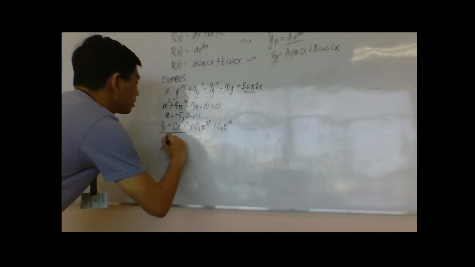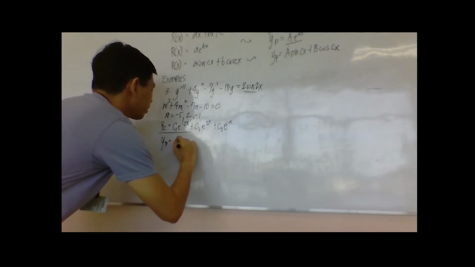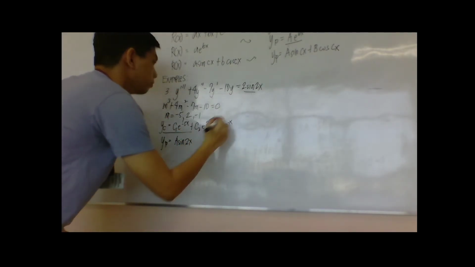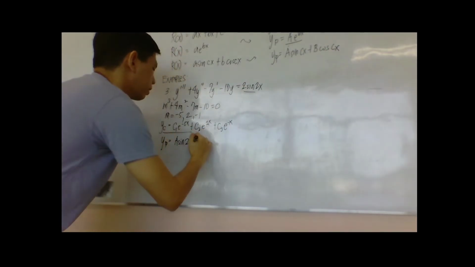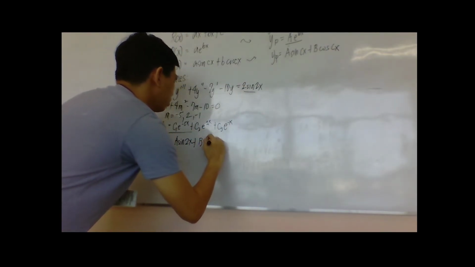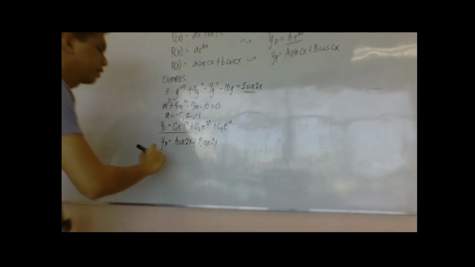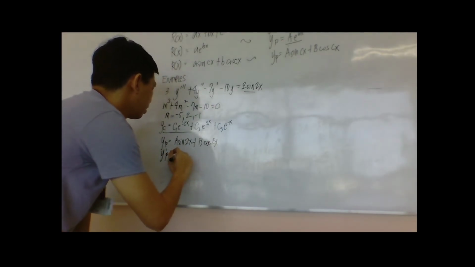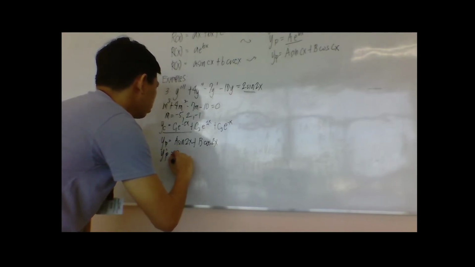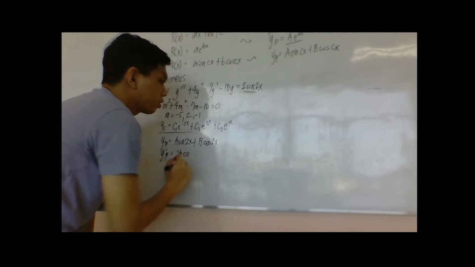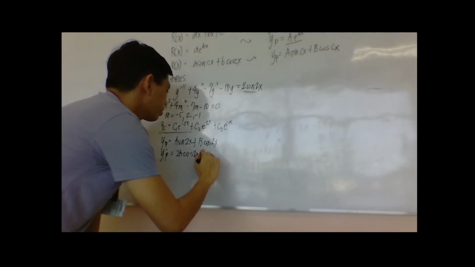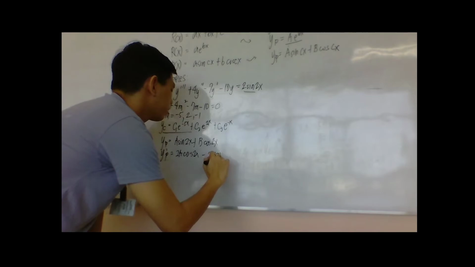So yp is equal to a sine 2x, our c is 2, plus b cosine 2x. So y prime, so let's get the triple prime. So the third derivative. So that's 2a cosine 2x minus 2b sine 2x.